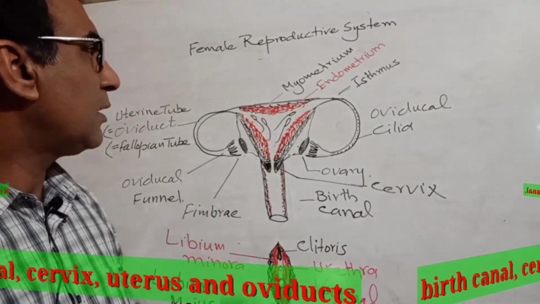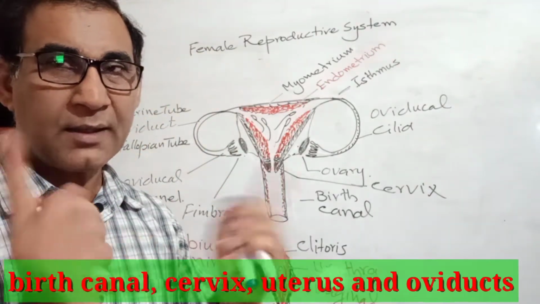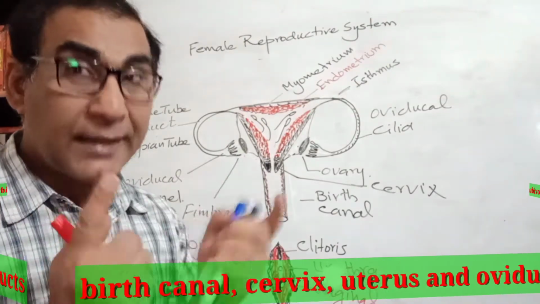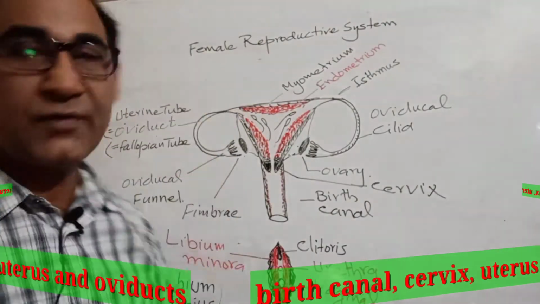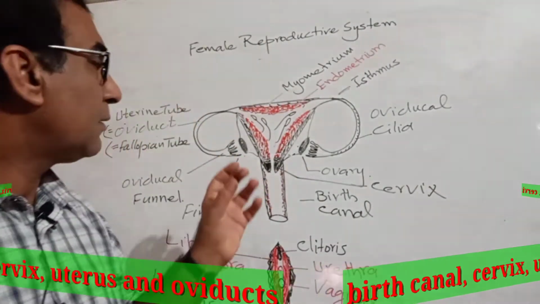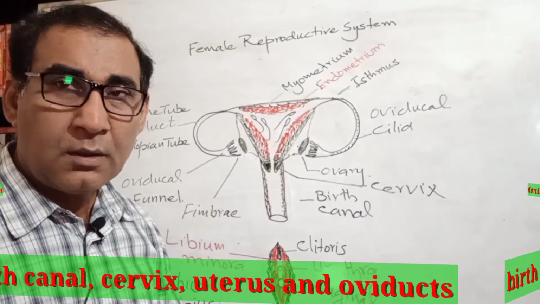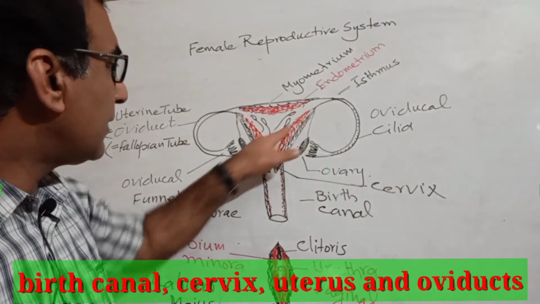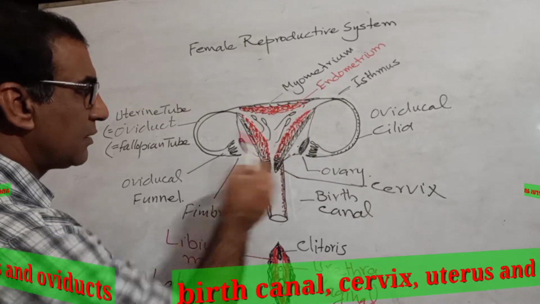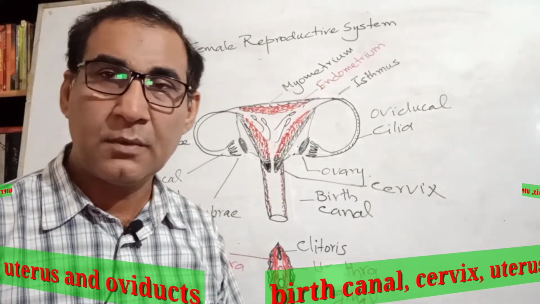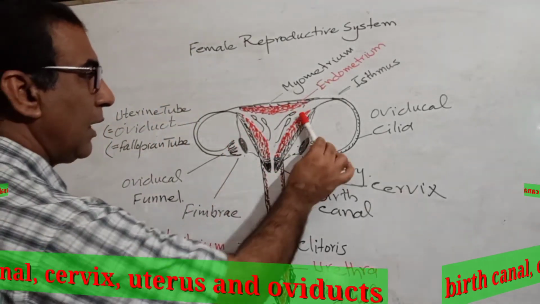The outermost layer is connective tissue. On the inner side of that is the myometrium, that is the muscular layer. On the inner side of this is the endometrium.